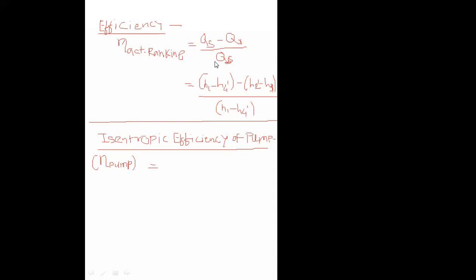Very good, Prerna. Therefore, efficiency is always the ratio of minimum quantity to maximum quantity. So here which work will be minimum? Theoretical work will be minimum, and actual work is maximum.